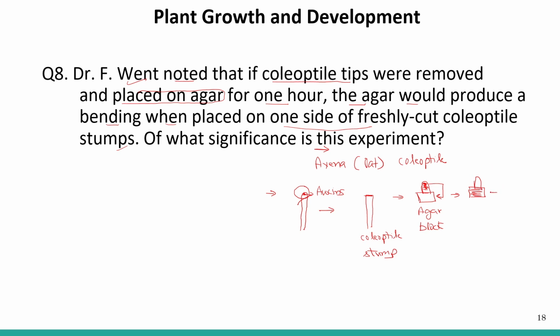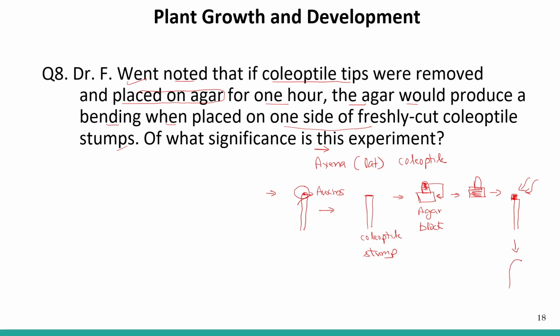Then what happened? He kept this agar on the coleoptile stump, on one side here. And then what he did? He illuminated it with the unilateral light. So what happened next? Bending was observed.